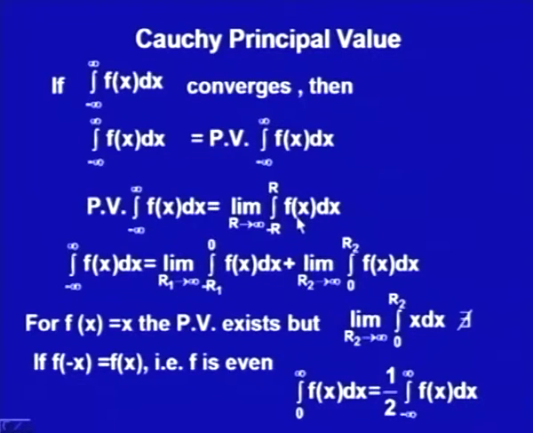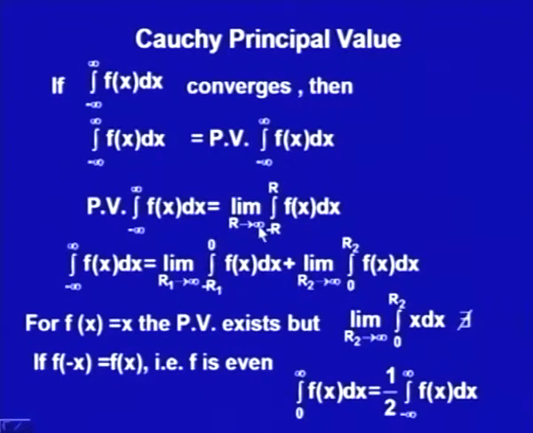Now, f x is even, and we know from the properties of definite integrals, where r is a finite value, that the integral from minus a to plus a f x dx, for f being an even function, we could write as 2 times the integral 0 to a f x dx. That says I could write it as 2 times the integral 0 to r f x dx.